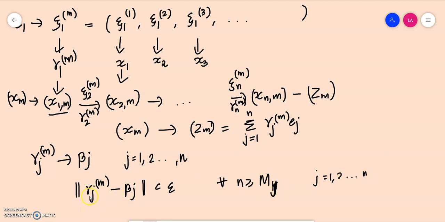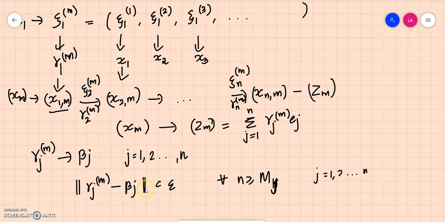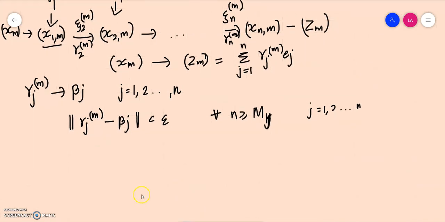Here we have n different sequences, so we may have n different constants, and that's why I use the index m_j. Keep in mind that this converges to this, and associated with that, we can define a new term z as summation j = 1 to n of beta_j e_j.